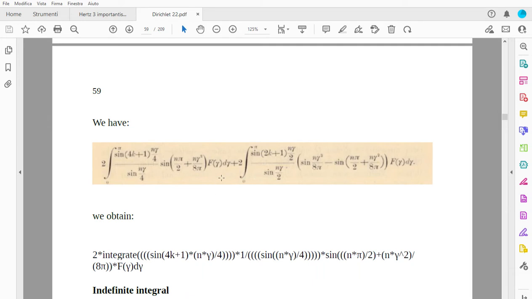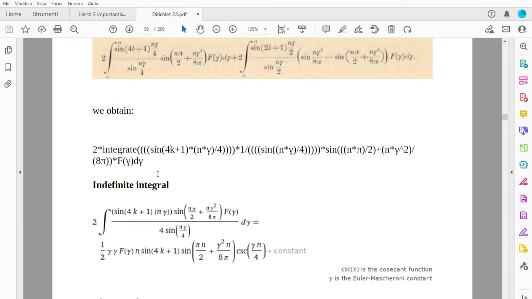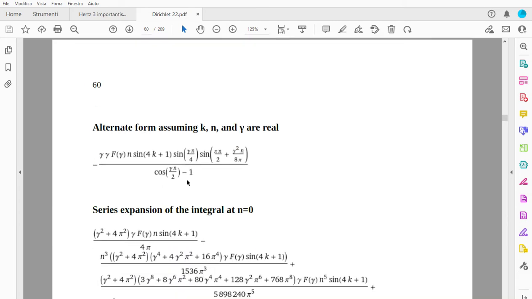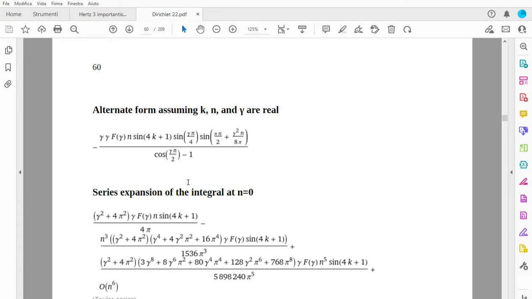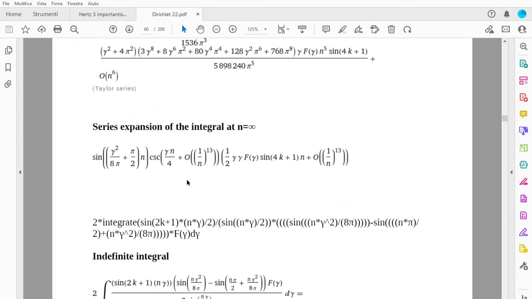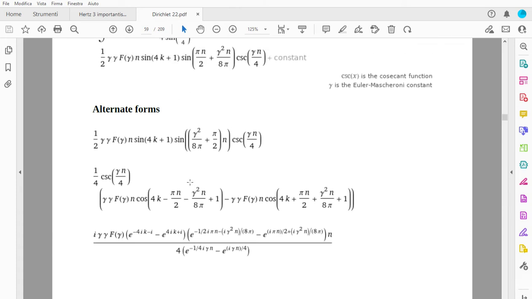From this other integral expression, after the following calculation and study of the function, we obtain this alternate form.